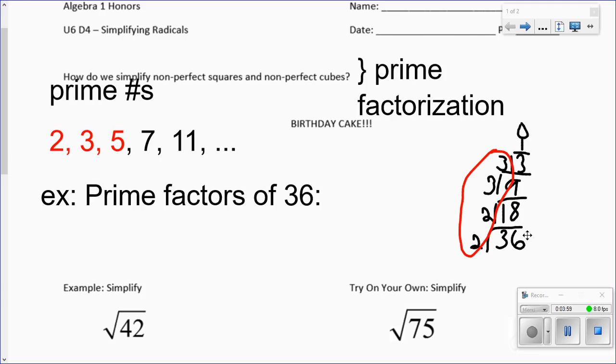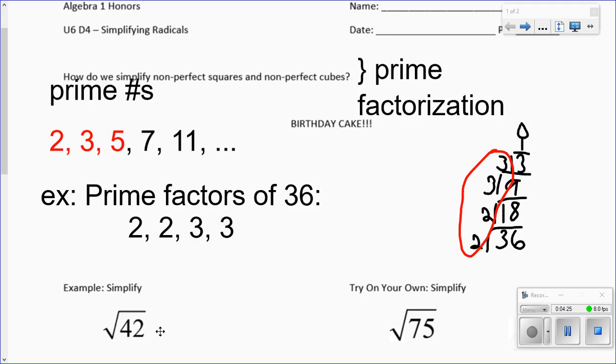And I end with a 1 on the top, which I make into my candle. Okay, so that's my goal. It actually makes a birthday cake. But these numbers on the side here, circled in red, are my prime factors. These are the numbers that if I multiply back together, it would create 36.